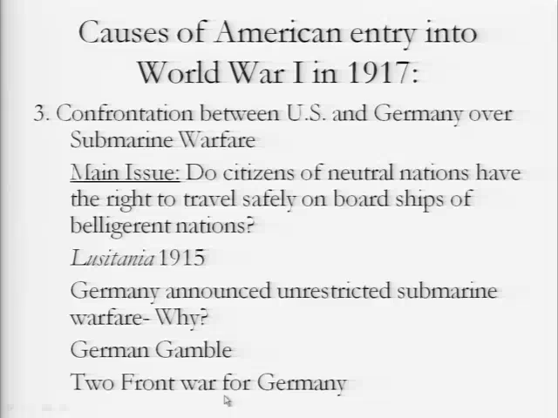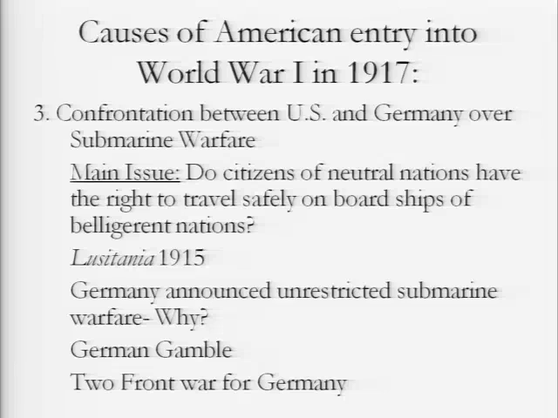This particular slide here, I was trying to indicate that Germany reversed their submarine warfare policy, and they announced that they will attack any ship. Every ship headed to England is fair game because they know they can't outlast the Allies, because the Allies have unlimited supplies coming from the United States. And they are fighting two wars, basically, between the Russians on the Eastern Front and the British and the French on the Western Front.